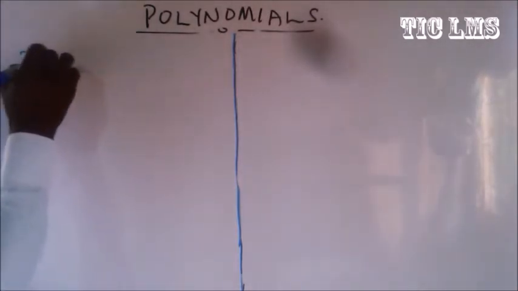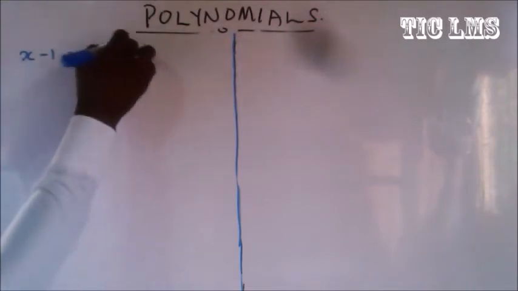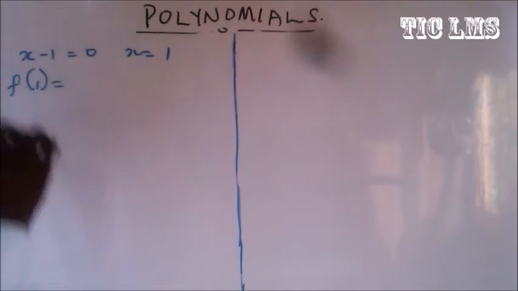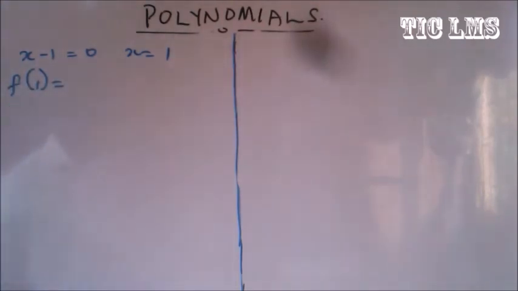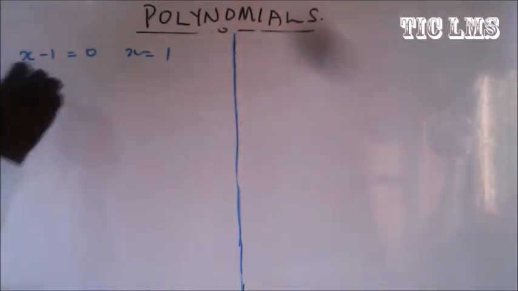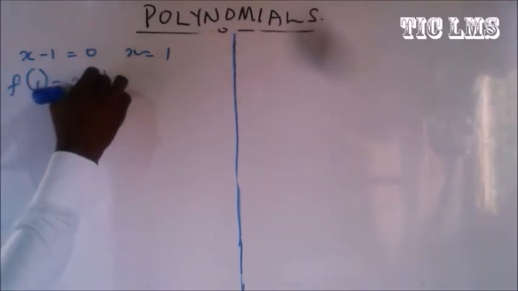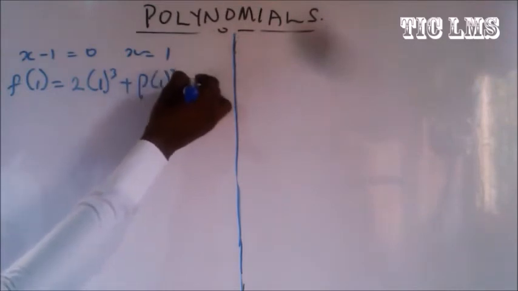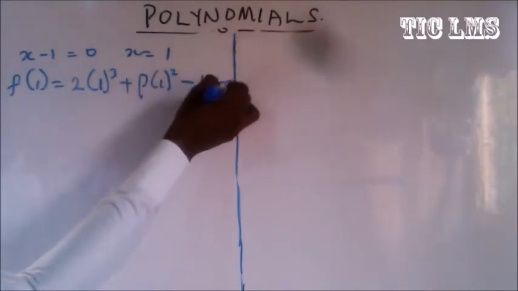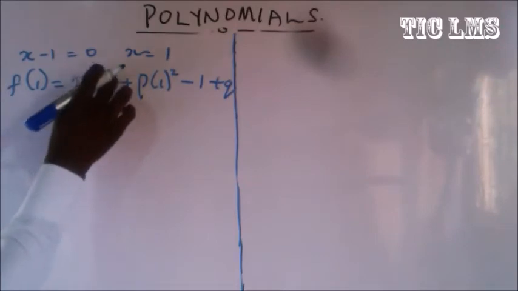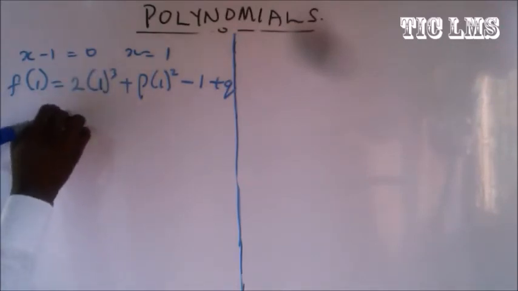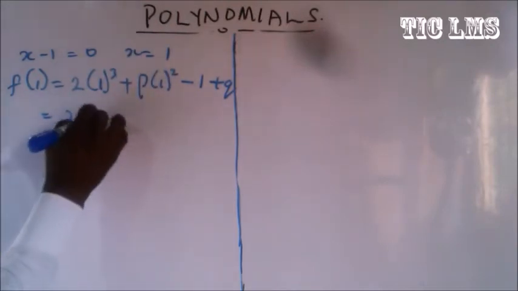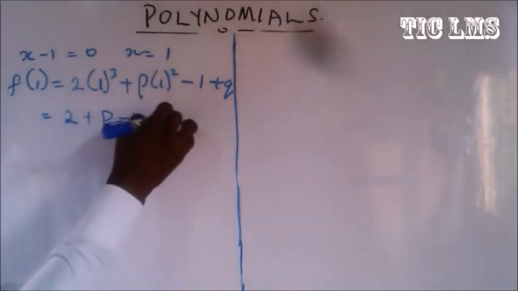And so what we'll do is that we'll equate this to 0 and we have it that x equal to 1. Now we'll find f of 1 and we'll substitute 1 into x in the equation. So we have 2 into brackets 1 raised to power 3 plus p into brackets 1 raised to power 2 minus 1 plus q. Now from here we'll have 1 raised to power 3 is 1. That's 2 times 1 is 2 plus 1 raised to power 2 is 1. And so we have p here and then minus 1 plus q.